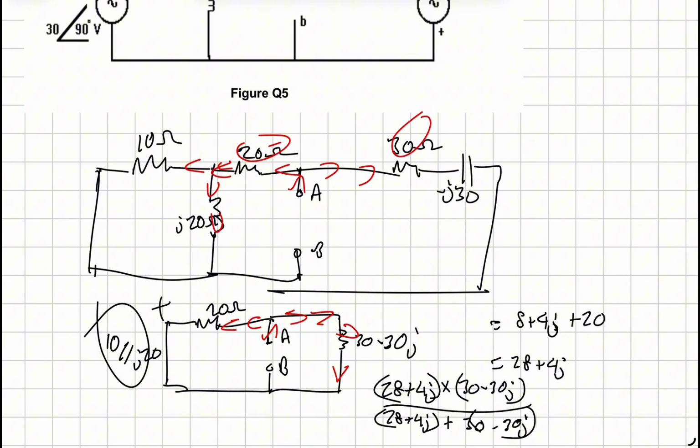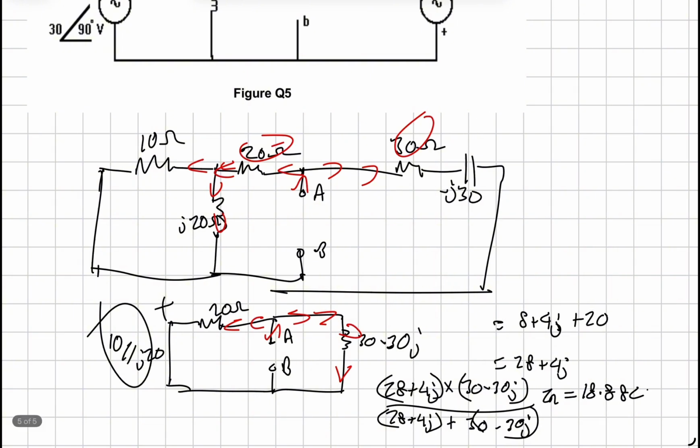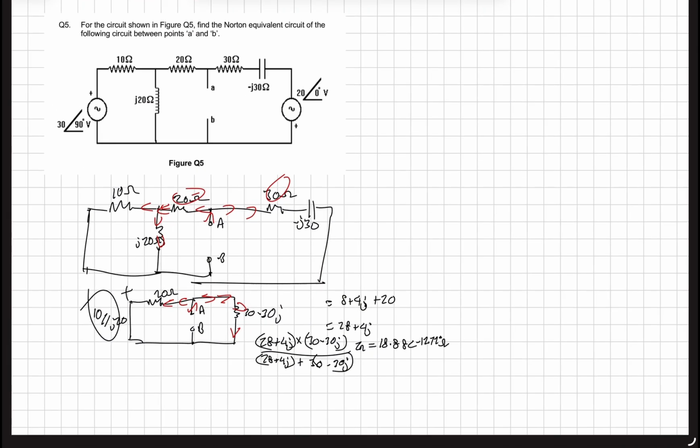If you do the maths on a calculator, the Norton's resistance, or impedance, whatever you want to call it, is 18.88 minus 12.72 degrees ohms. That's how you do that. Now, let's calculate how to do each source now.